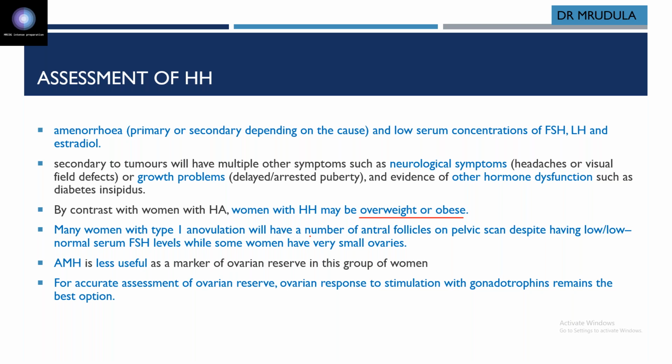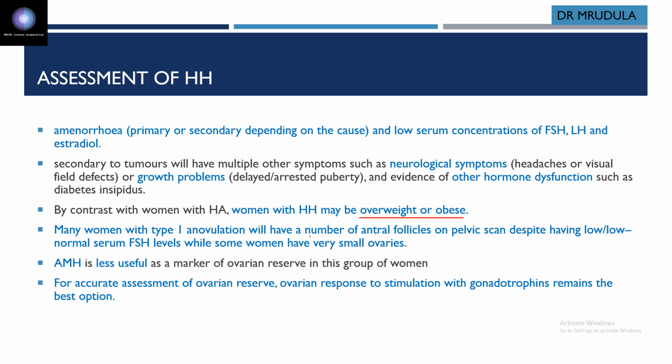As you know, the antral follicle pool will already be present in the ovary, and if gonadotropin acts on this, only then is it going to develop into mature follicles. So this pool might be present, and it will give rise to multicystic ovaries.